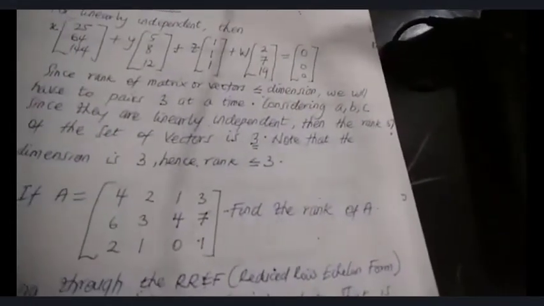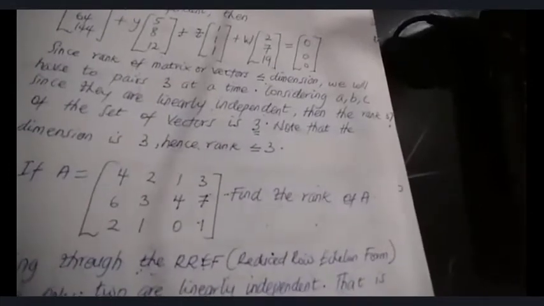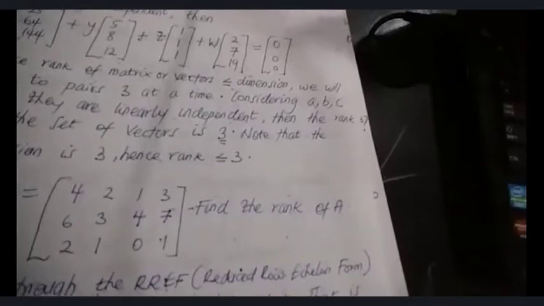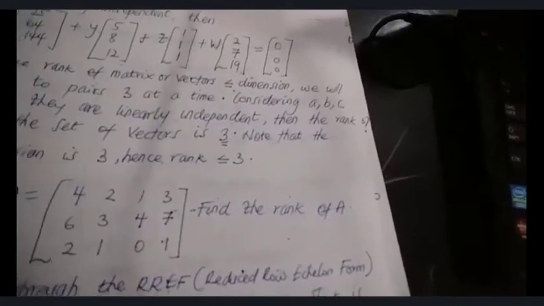So you can see that the dimension is 3, because understand that the rank of the set of vectors should be less than or equal to the dimension of the vectors. So the dimension is 3.